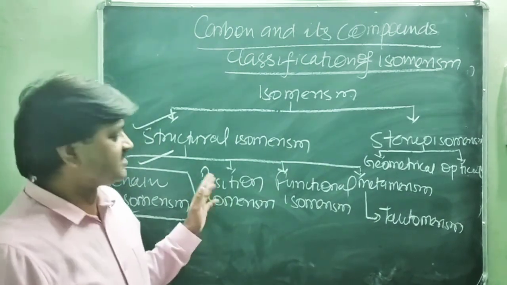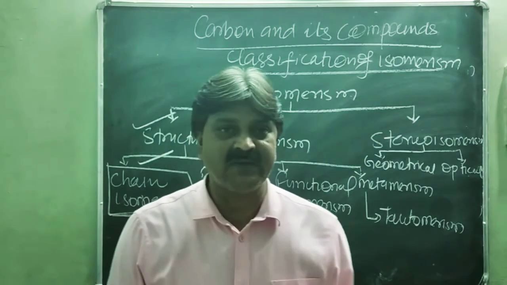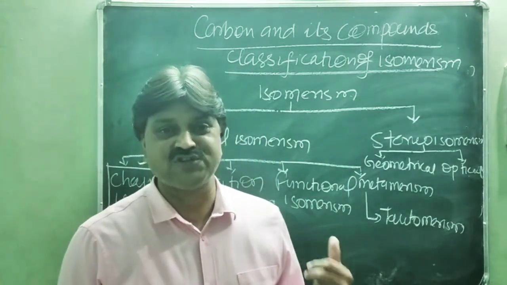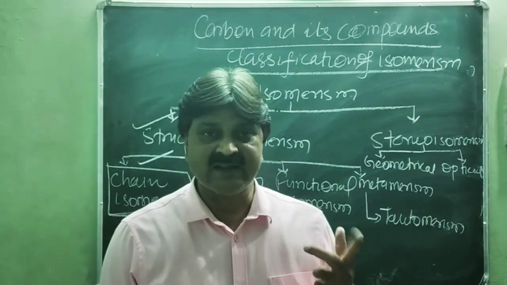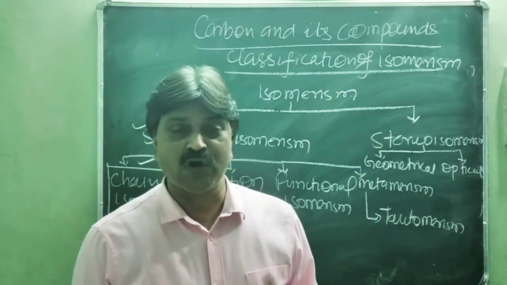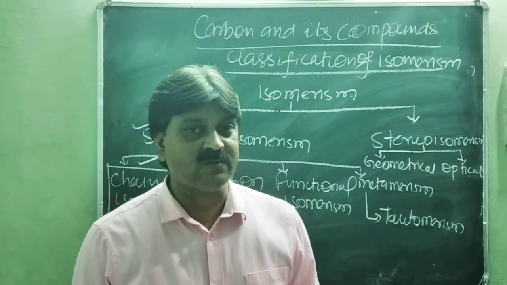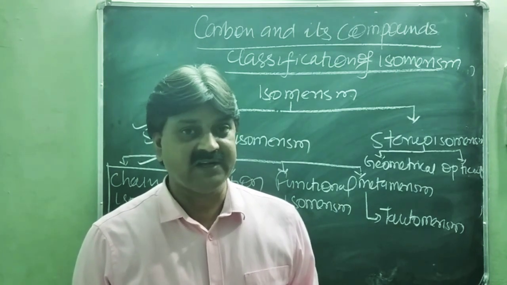Next time we will discuss chain isomerism and some introduction about carbon compounds, and I am giving some questions for you. Write the questions and show your answers on your WhatsApp group. Is it clear?